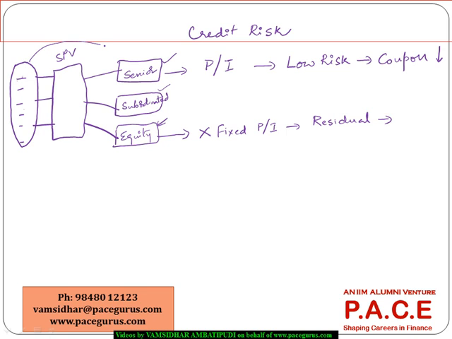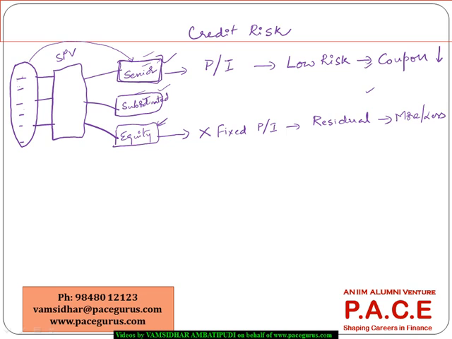The principal portion and the interest portion corresponding to this particular bond investors would be paid first, then to this, and whatever is left out of this cash flow after paying to this group as well as this group will be paid to this particular group. That's the reason we call them the equity tranche. And they may receive more, they may receive less also. They may receive more than what these set have got, or they may receive less than what this set have got.